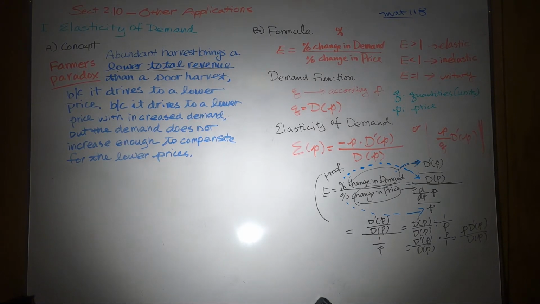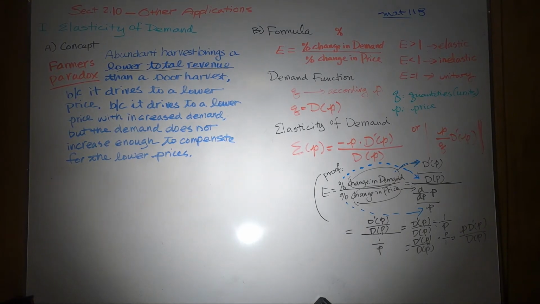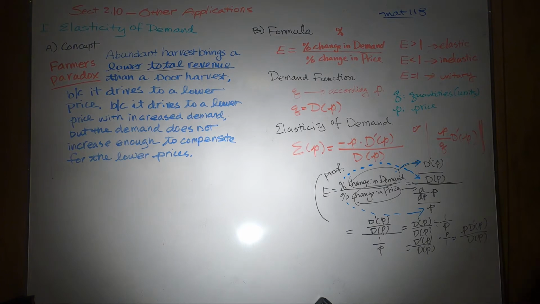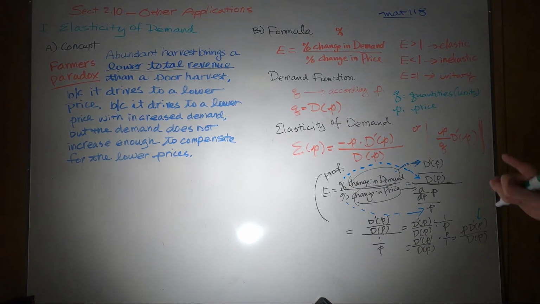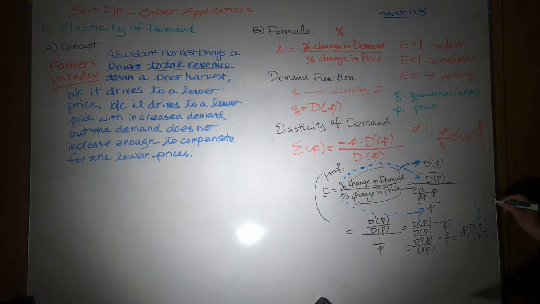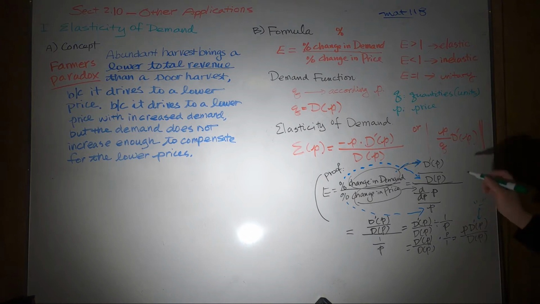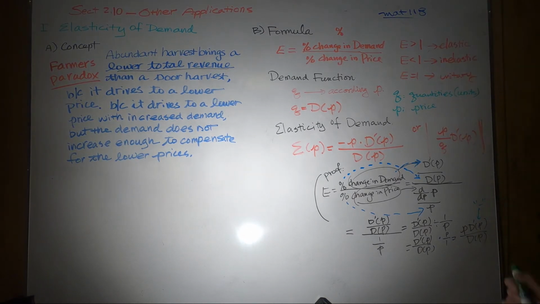Then usually d prime P, what happened to d prime P? So d prime P is the derivative of the price, right? Usually it's downward sloping. The slope goes down, the price drops, right? So this one usually is negative. So we want to make the answer always positive.